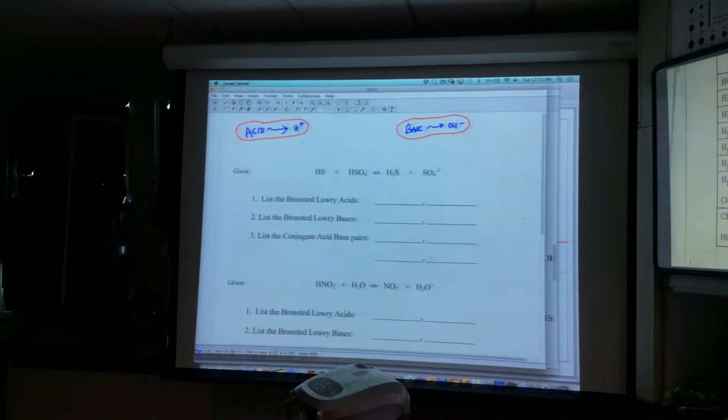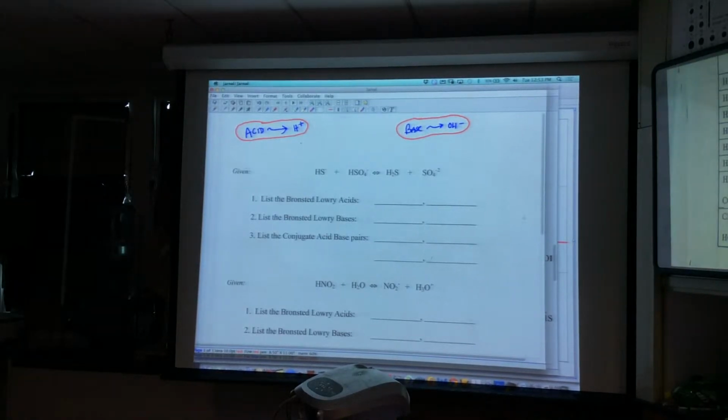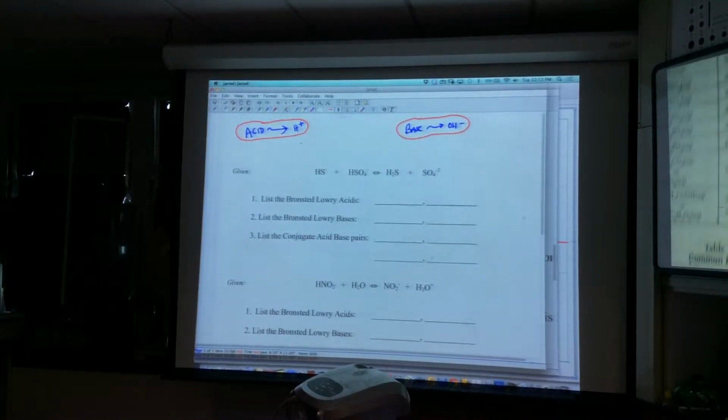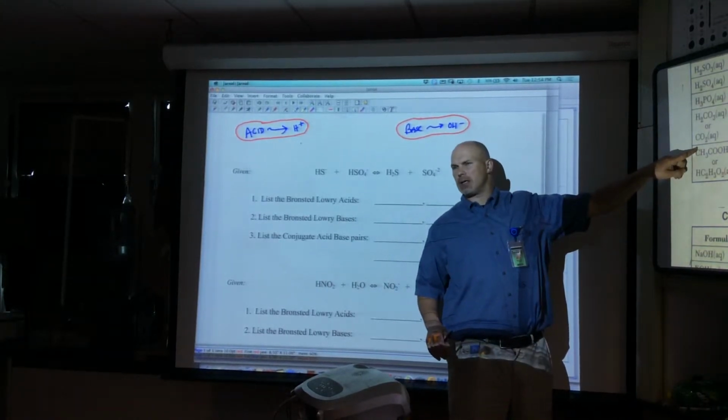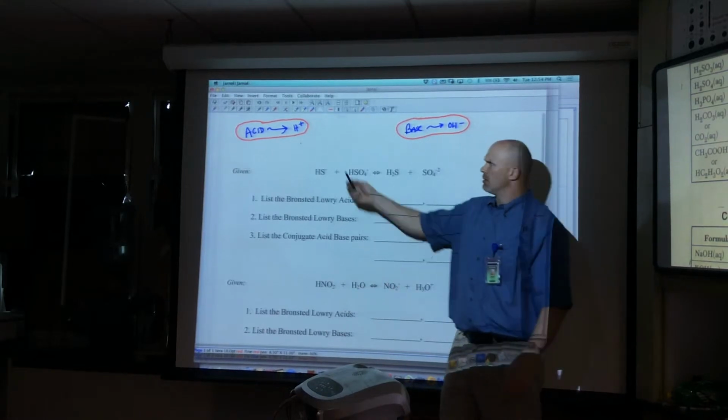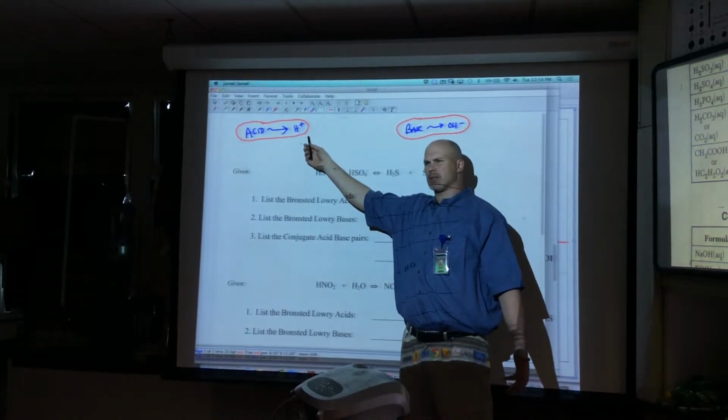Now, how do I know that this definition isn't all-encompassing? If we go to table K, you'll see CO2 is listed as an acid, yet it has no H pluses to give off.